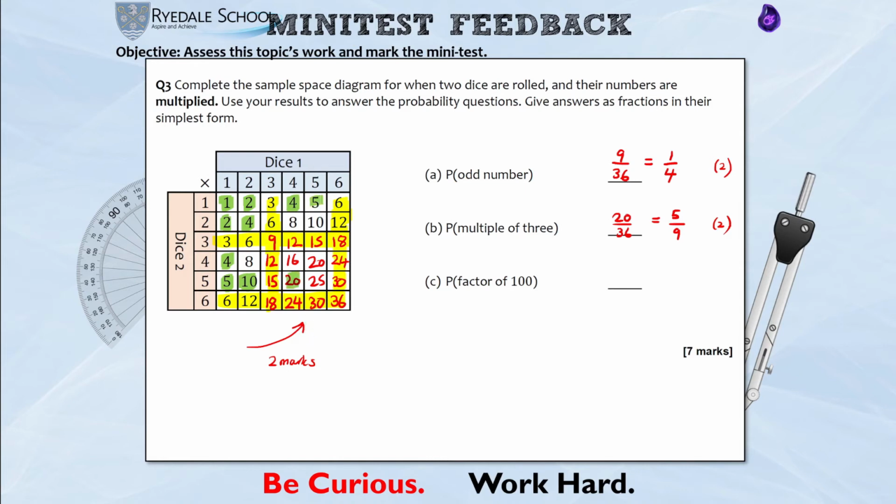In the 5 column, it's 5, 10, 20, 25, and nothing in the 6 column. There are 13 out of the 36. Now that number doesn't cancel, that is just worth 1 mark. So that is 7 marks in total.